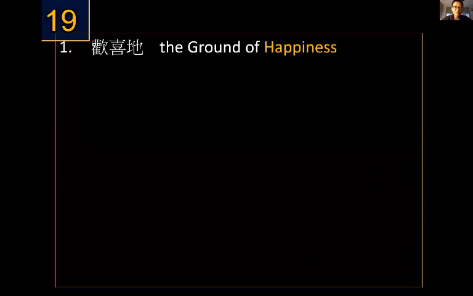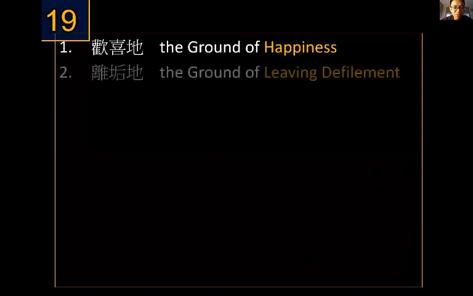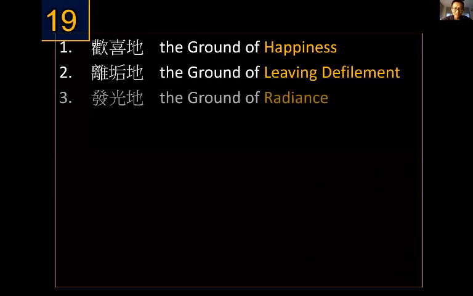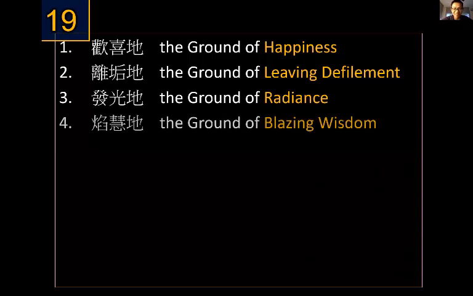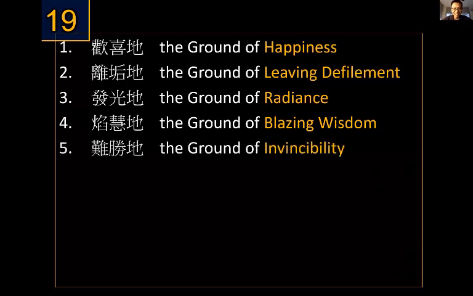And so it begins with the ground of happiness. Let's go through quickly. The ground of leaving defilement, the ground of radiance, the ground of blazing wisdom, the ground of invincibility. I think this translation is just amazing. Invincibility, it's non-stoppable. And the ground of manifestation, the ground of traveling afar.